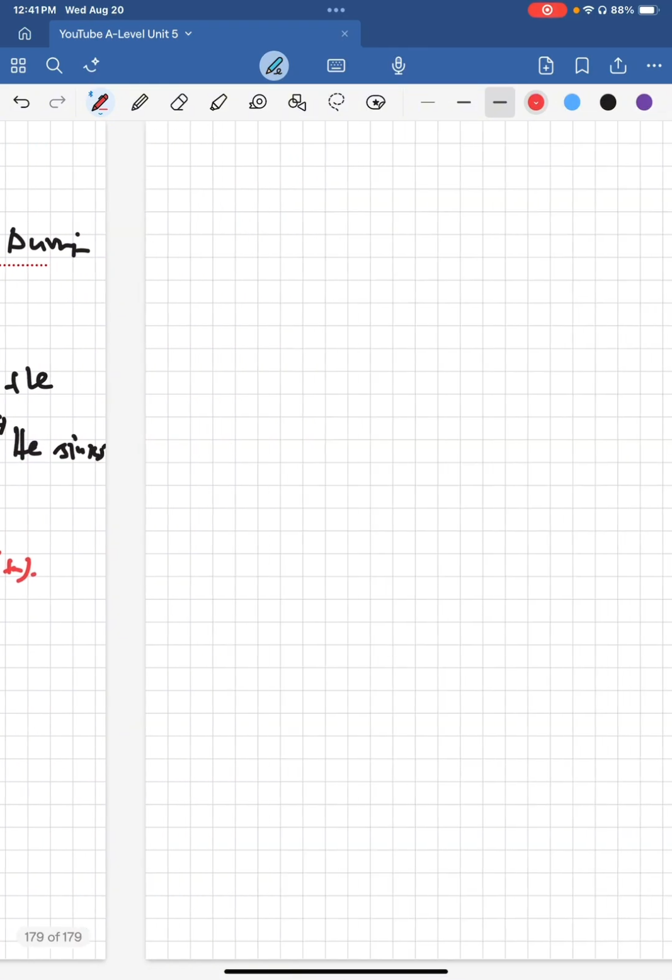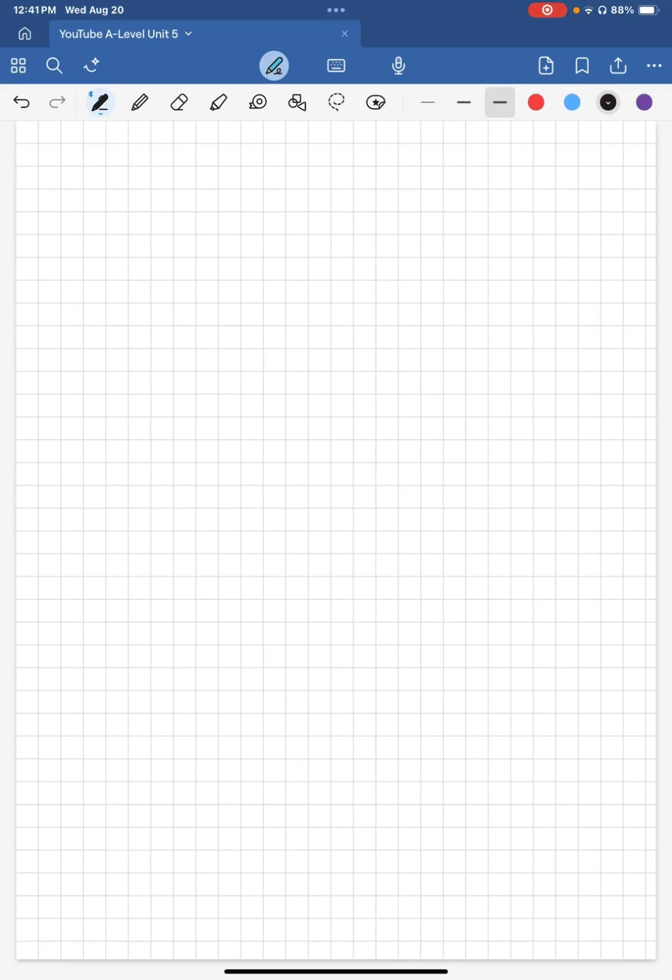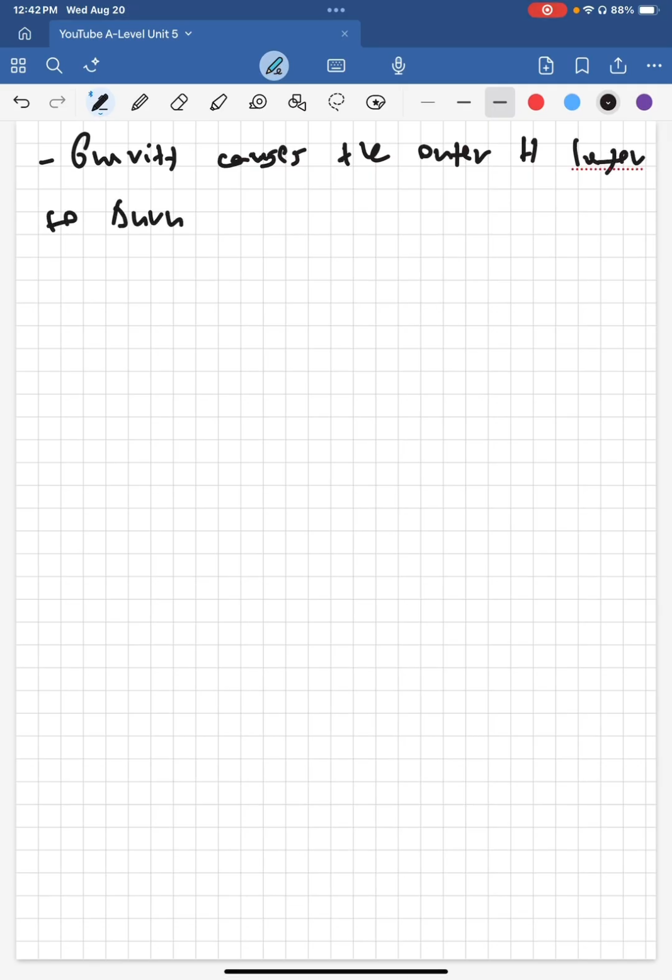So what happens is that gravity causes the outer hydrogen layer to burn, okay? This leads to a very small explosion, or maybe it's not good to think about it as an explosion. The whole thing enlarges pretty much, okay? So the star enlarges.